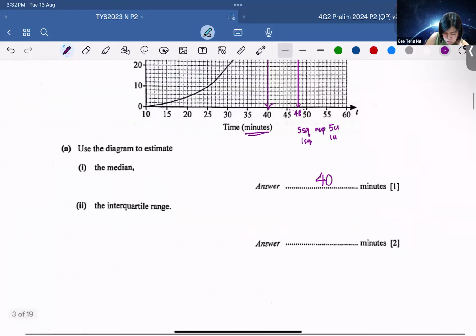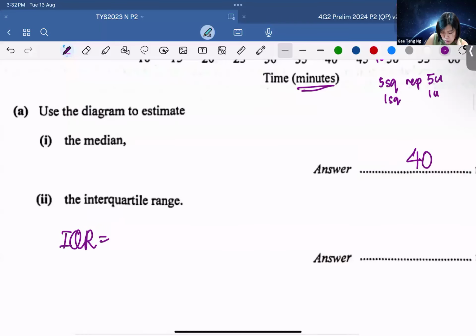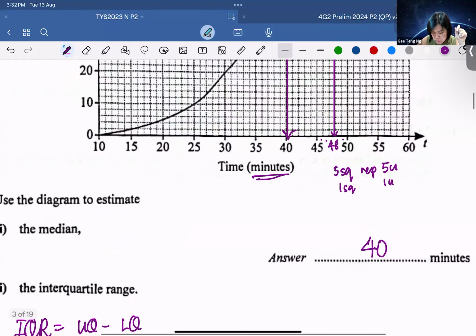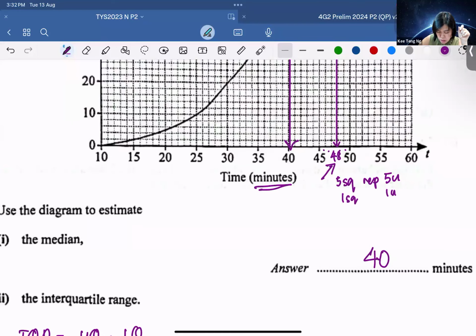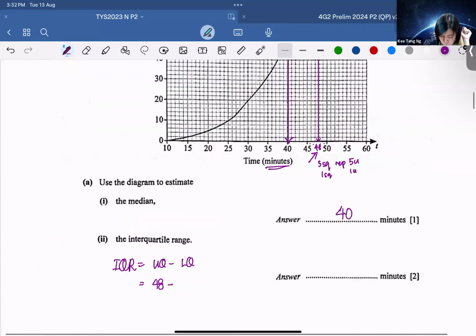Interquartile range is found by taking the upper quartile minus the lower quartile. My upper quartile, the number that I found, is 48. Now let's find the lower quartile.